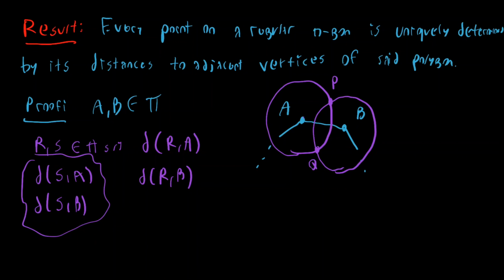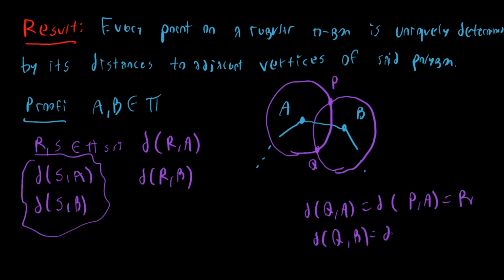And what we have is that P and Q have the same distance to A and the same distance to B, because d(Q,A) is equal to d(P,A), that is r1, and d(Q,B) is equal to d(P,B), which is r2, like this.